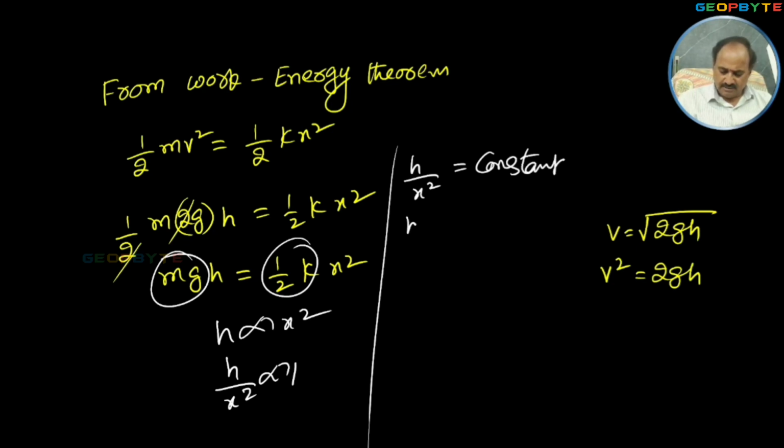Or I can also say h1 by x1 square equals h2 by x2 square. Then the height of the sand particle to be dropped equals h1 by x1 square into x2 square.